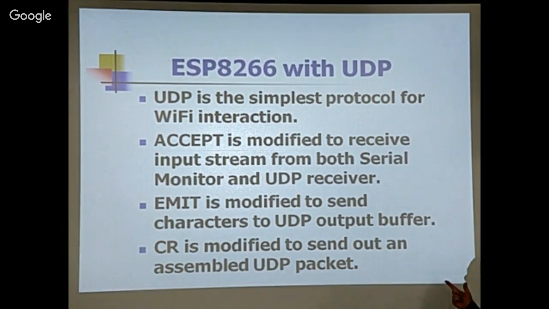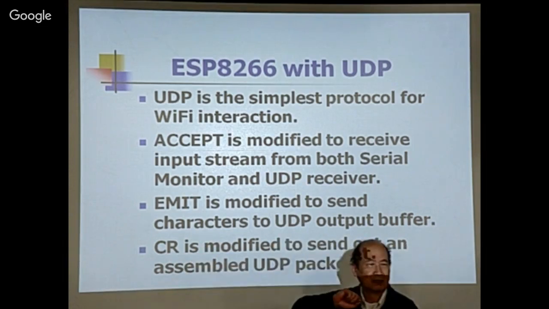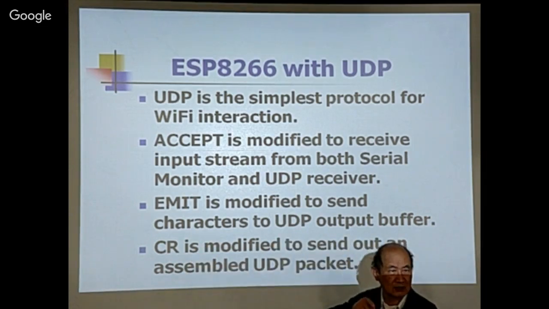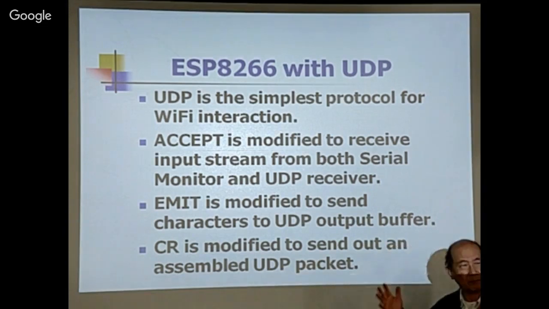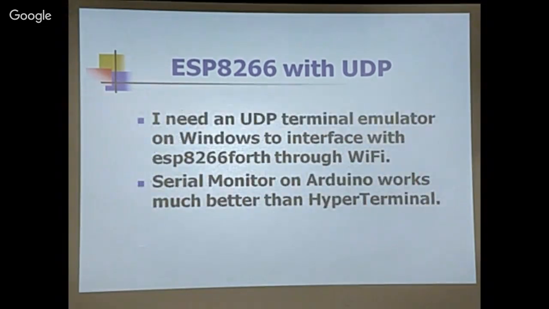Only when CR, carriage return, is executed is the whole assembled UDP packet sent out in its entirety. This way it worked: the serial terminal and UDP worked in parallel.